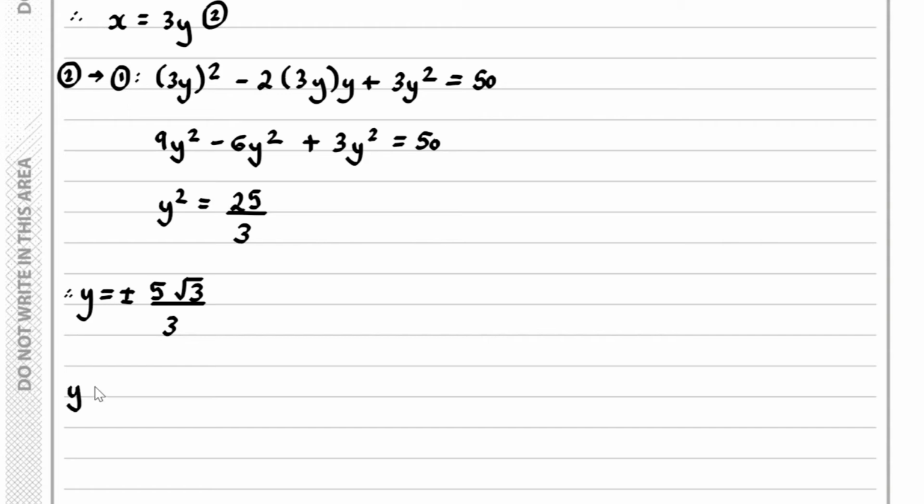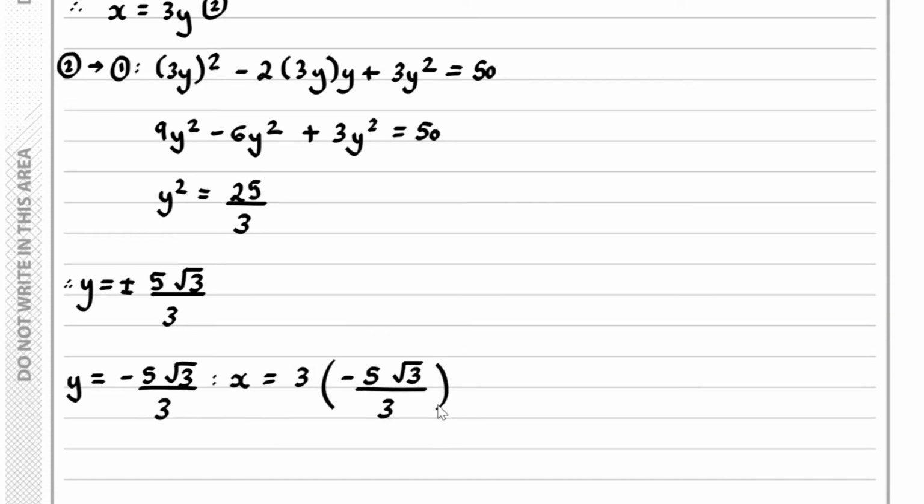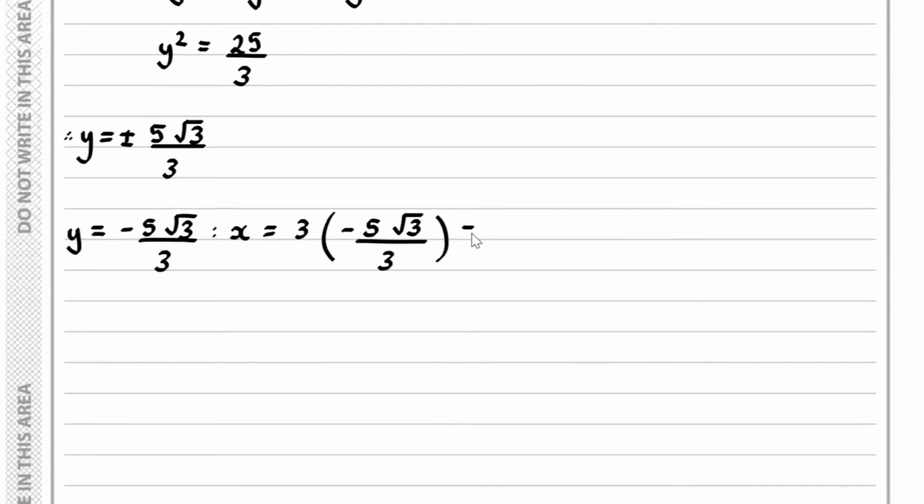So when y equals negative 5 root 3 over 3, x will equal 3 times this, so I have 3 times minus 5 root 3 over 3, which is equal to negative 5 root 3. And so therefore, the coordinates of P, I've got minus 5 root 3 for the x coordinate, and for the y coordinate, I've got negative 5 root 3 over 3.